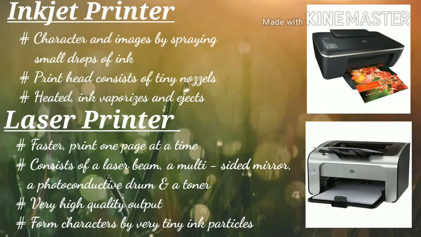Inkjet printers form characters and images by spraying small drops of ink on the sheet of paper. Its print head consists of two tiny nozzles that can be heated up within a few microseconds and then ink vapors are ejected.